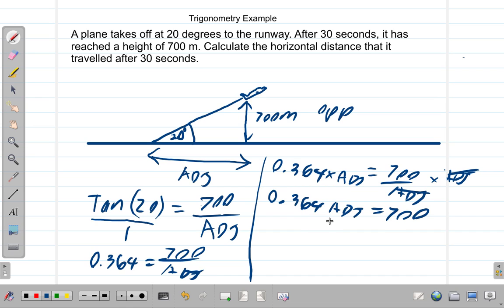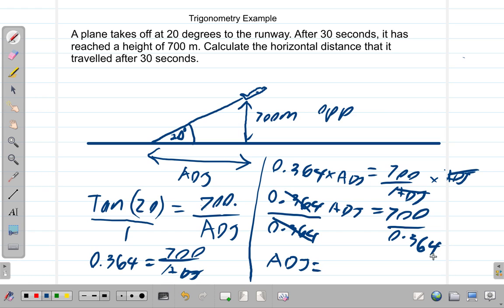One more thing here. You want adjacent equals and everything else over the other side. So you divide by 0.364. Anything you do to one side, you must do to the next. 0.364 cancels itself over here. So all you have left is adjacent.